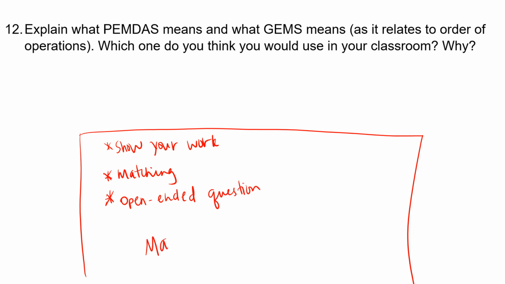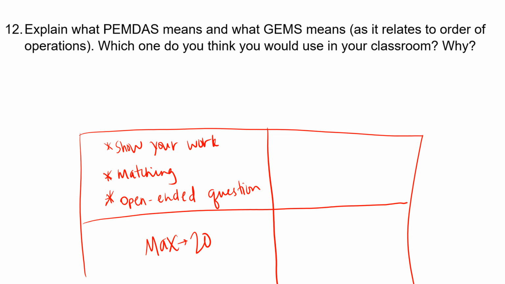I would say max number of questions would be 20. Probably going to see less than that though. So maximum number of questions is 20, probably less, and then you can leave after the exam is over. So once you're done, you can leave.